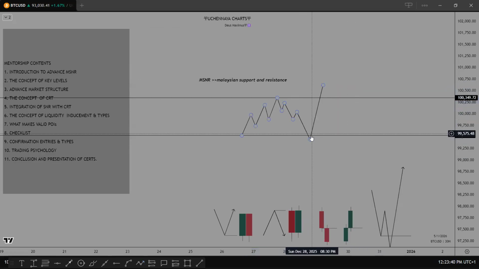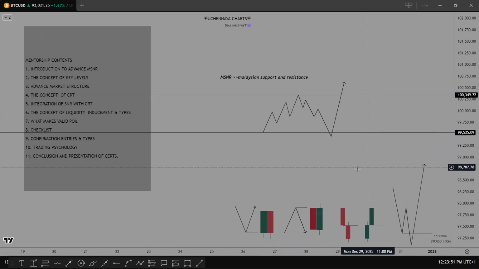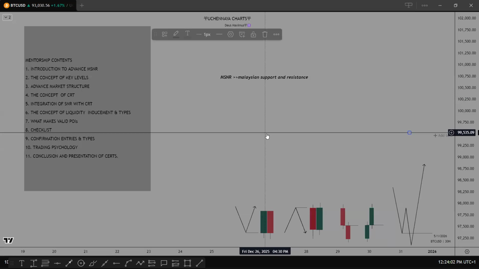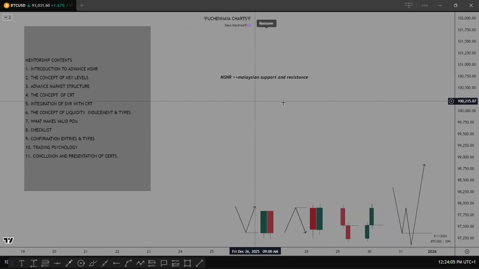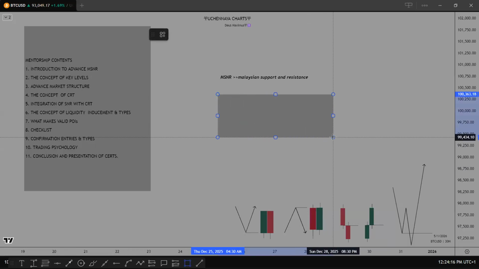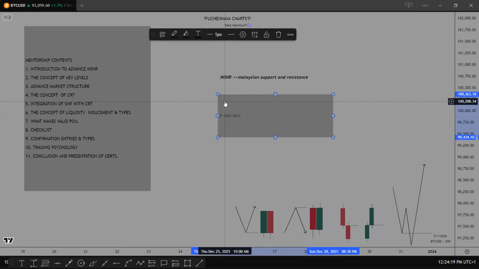But it's definitely from a support to a resistance, or from a resistance to a support. Okay, we have two basic traditional MSNR levels, that is the support and the resistance. And under them, we have the types of MSNR. You guys are already aware of what MSNR is all about. I believe some of you have previous knowledge on what MSNR is all about.